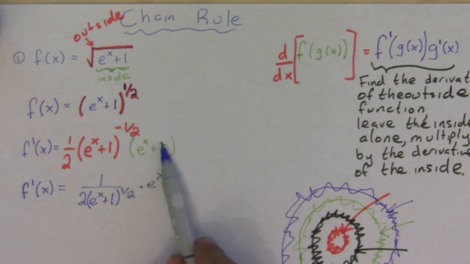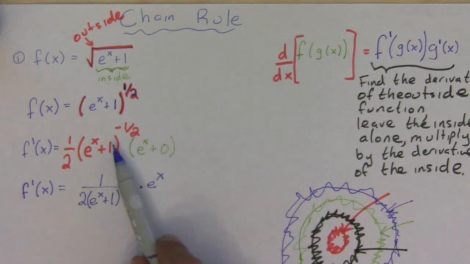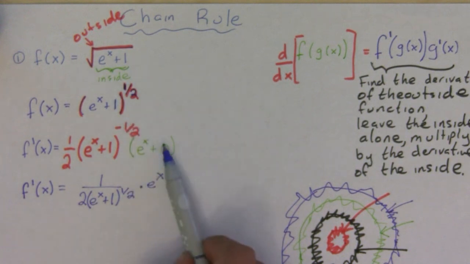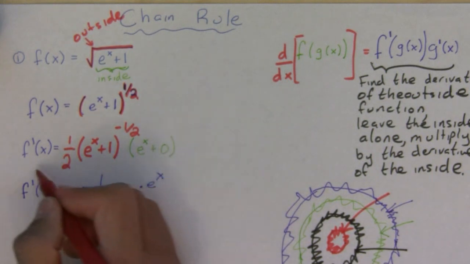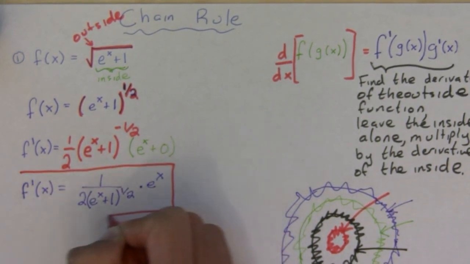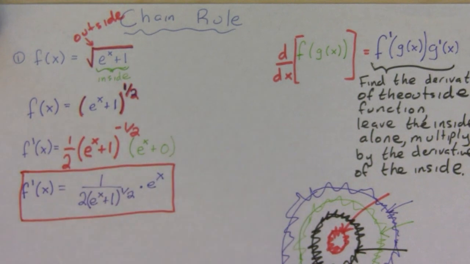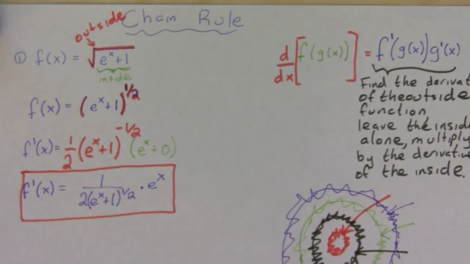Once we've done that, then we get the derivative of the inside, and that's where we get e to the x plus 0. And this is just a simplifying step. And then we're done. So I did that one pretty slowly, and we'll move through the other ones quicker, but this is the main idea. So let's try the next one.